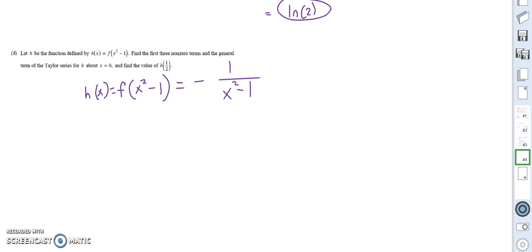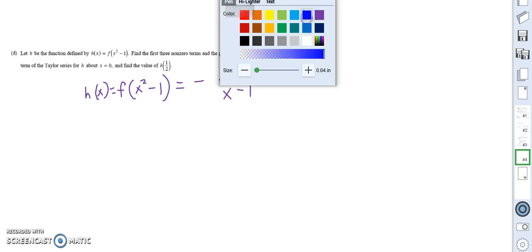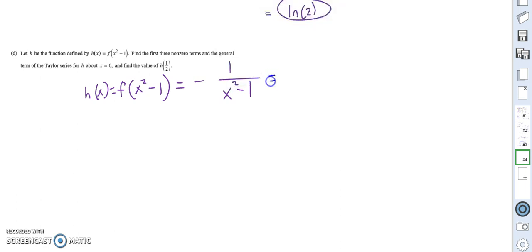This is a geometric series in disguise. This is one of those where I'm going to take it and transform it. First, maybe I'll write it in the other order. And then I say, well, my geometric series, I try to make it in this form.